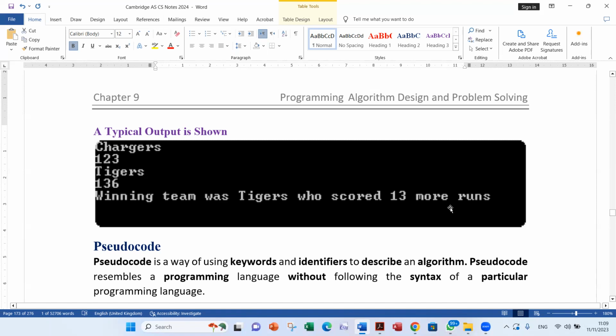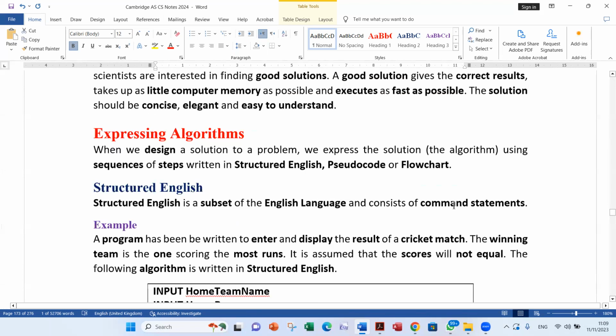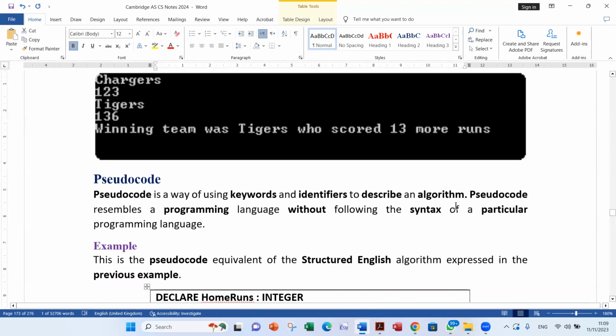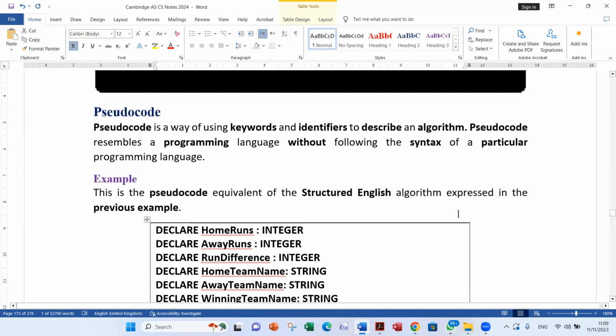Let us write this in pseudocode, because at that time, the exam gave you the structured English, the screenshot, and is asking you to write it in pseudocode. Okay, let us explain it as much as possible, because some of you haven't studied O-level computer science.